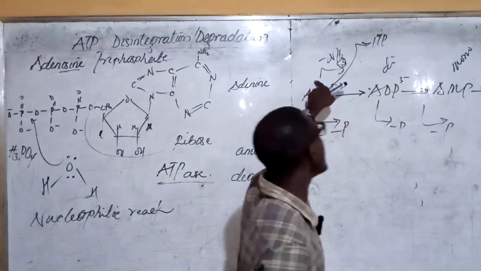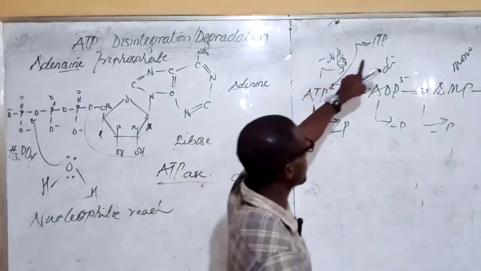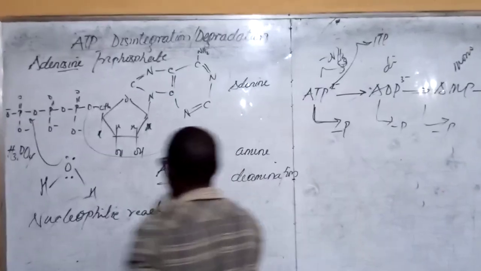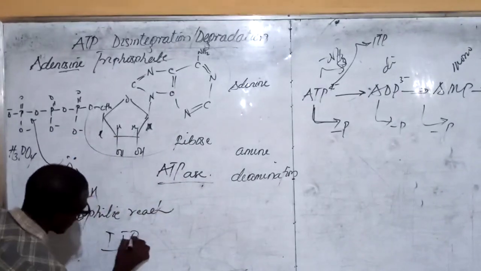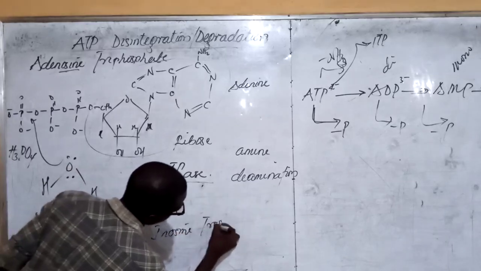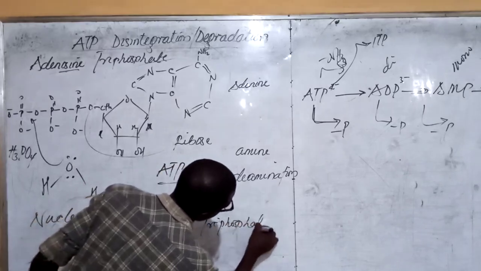These could simultaneously lose the amine group and then become ITP. ITP stands for inosine triphosphate.